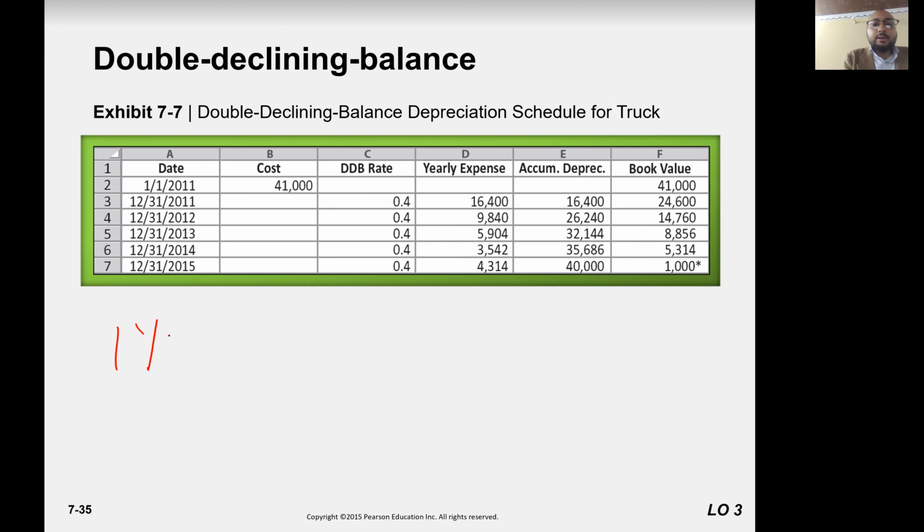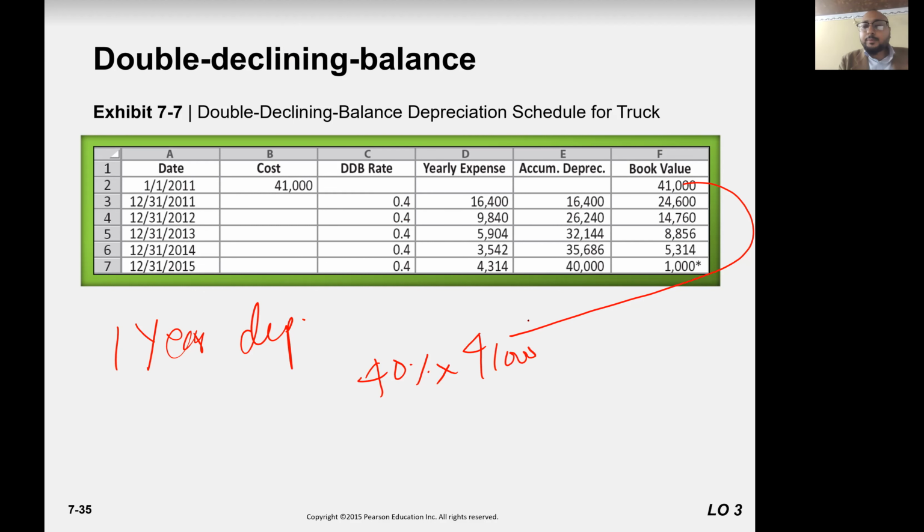So first year depreciation is equal to 40% multiplied by 41,000. The answer is 16,400. Second year, 40% multiplied by 41,000 minus the depreciation.